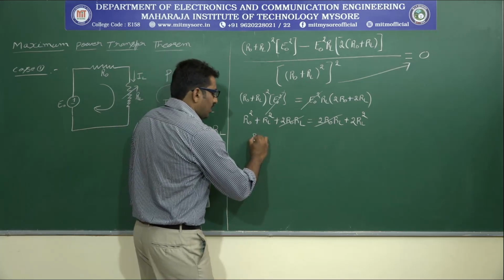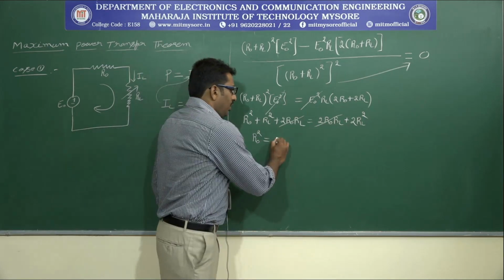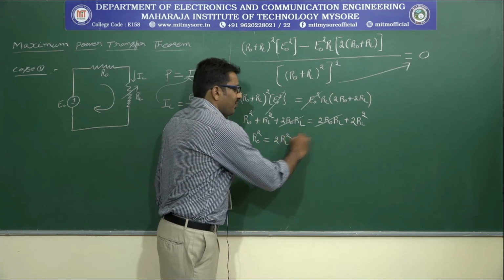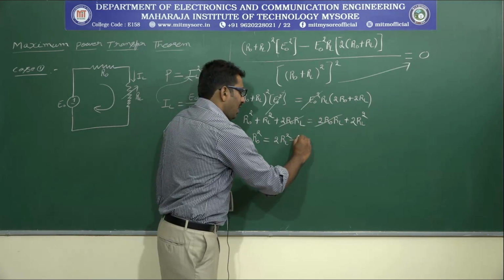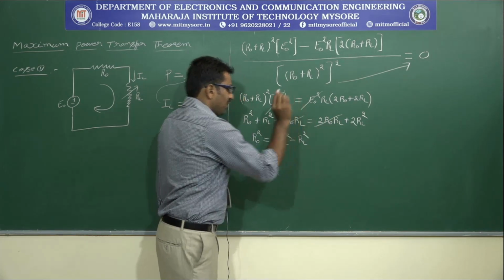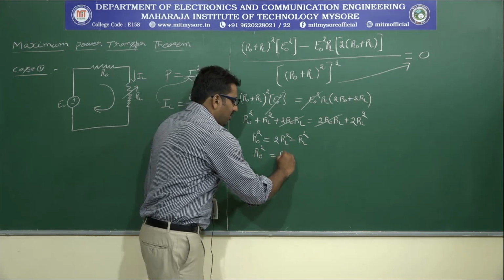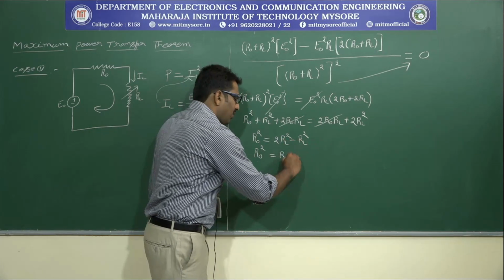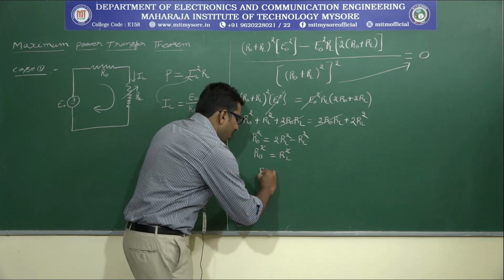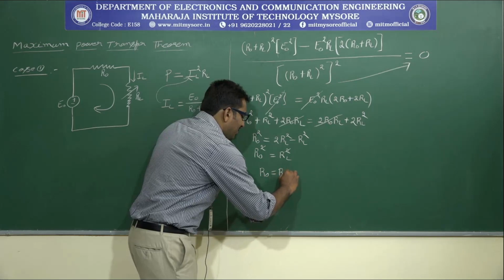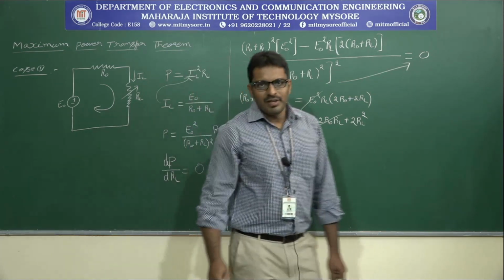Next, R naught square is equal to 2 RL square minus RL square, so R naught square equals RL square. Finally R naught is equal to RL. This is what we discussed in previous cases.